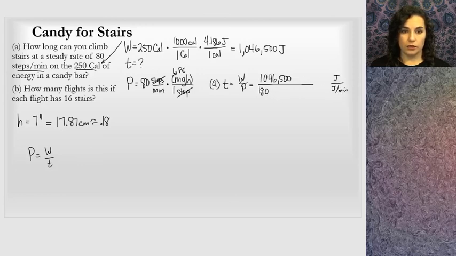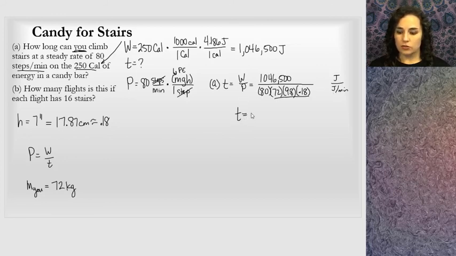So 80 times the mass. Oh, well, we need a mass. Let's say the mass of you, and this is just a general average number, 72 kilograms. Whoever you are, I'll say you're 72 kilograms. We need a 9.8, and then the height of each step is 18 centimeters. So that's our mgh term, and we do 80 of those per minute, and we will get a minute out of here.